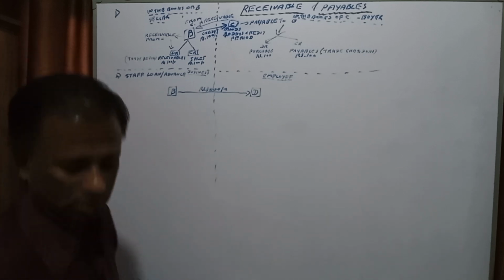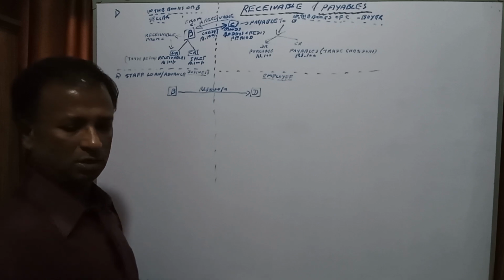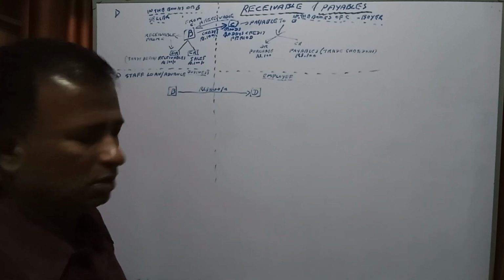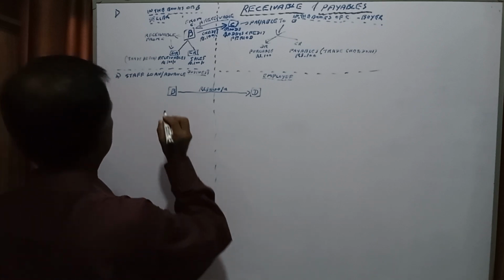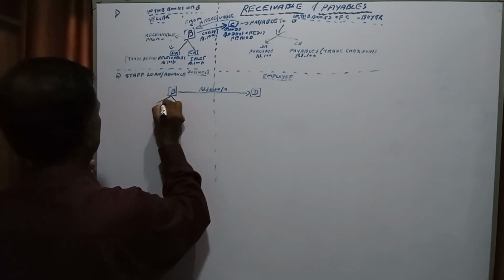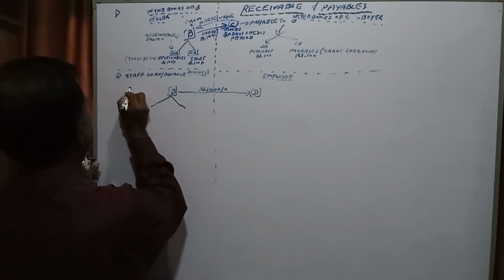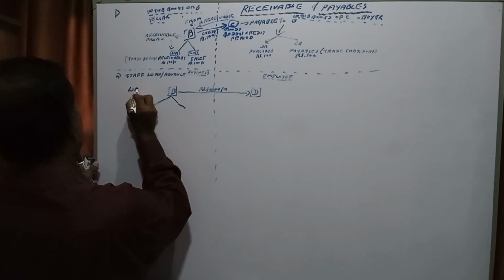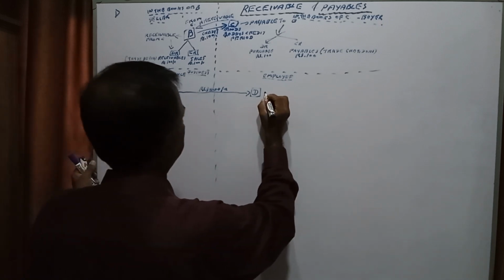If they are issuing 1,000 rupees, in the point of B's account we will say it is a receivable, loan receivable. From the point of D, loan payable.